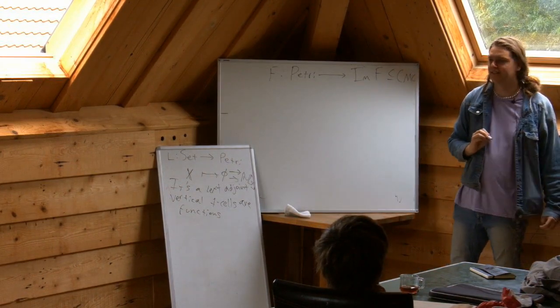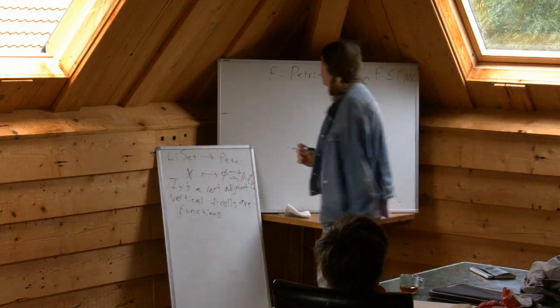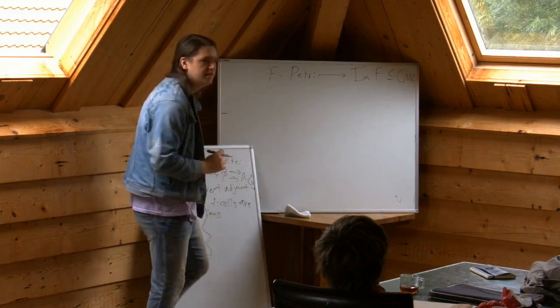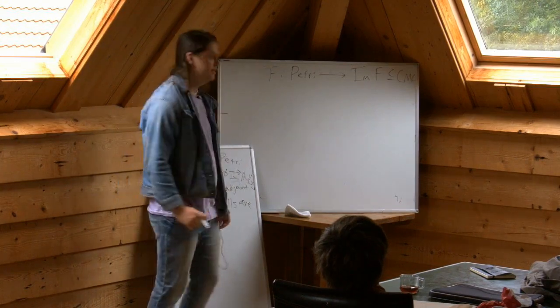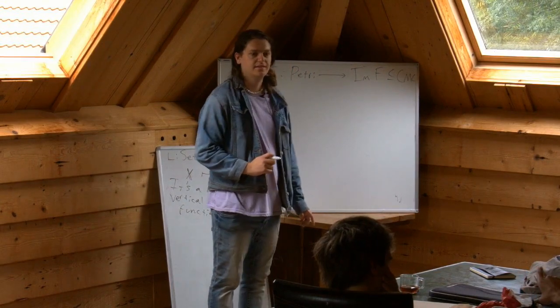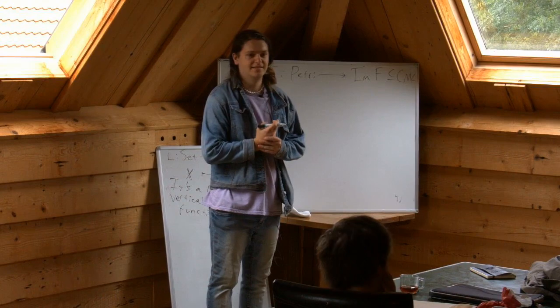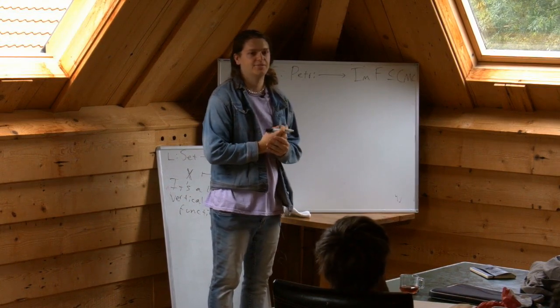Is that Petri or Open Petri? Petri, okay, for now. So how does F go into its image? I'll define it in a second, and then it'll make sense once I tell you what it is.